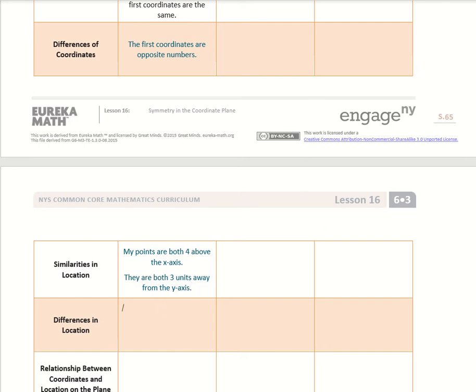If I want to talk about my differences in location, I can say they are on opposite sides of the y-axis. One of them is on the right, the other one is on the left.